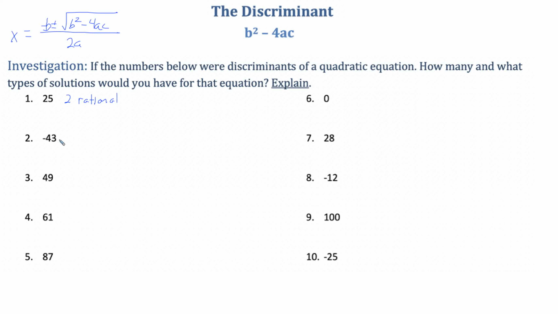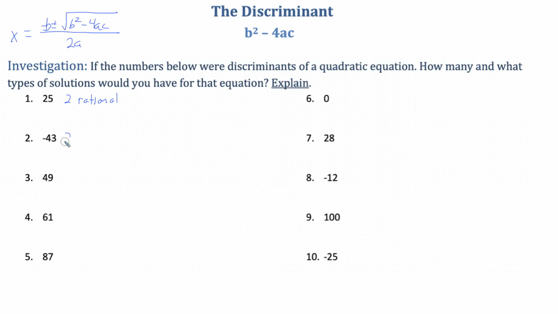What if we got negative 43 as our discriminant? Well, if we have a negative underneath a square root, we know it's an imaginary number, so we would have complex solutions. And again, we would have two, because we would take negative b plus this complex number over 2a, and then negative b minus.